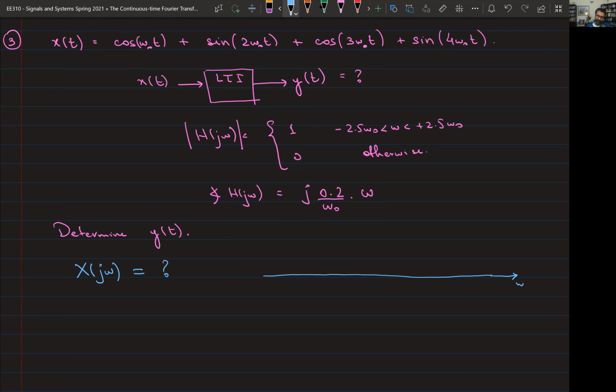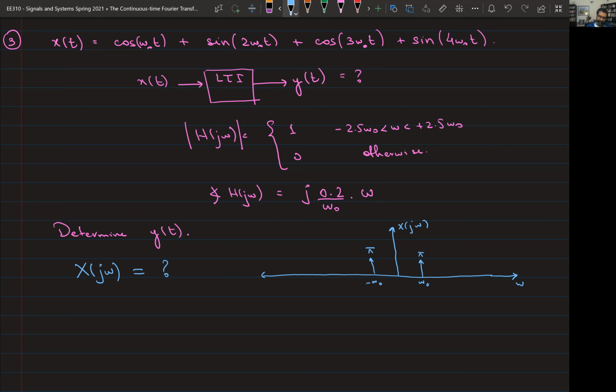So if this is omega, and we're plotting X of j omega, X of j omega is equal to an impulse residing at omega naught, and the height is pi. Actually, pi, height is pi, sorry. There's another impulse residing at minus omega naught, whose height is pi.